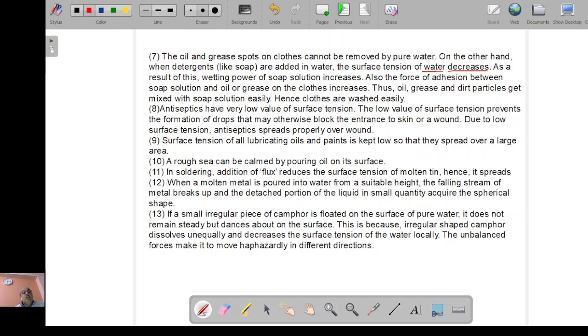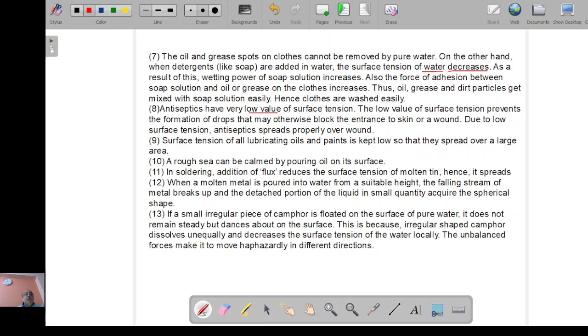Antiseptics also have a very low surface tension, so that they may spread easily on the surface of a screen, or a wound.